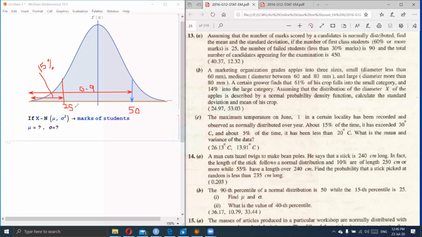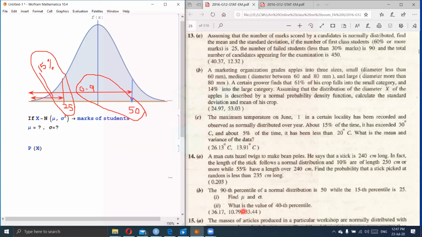So using these two pieces of information, 15% and 25, we will construct one equation, and 90% and 50, we will construct one more equation, and using these two equations we can find the values of the parameters mu and sigma.